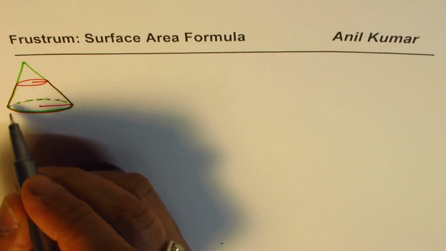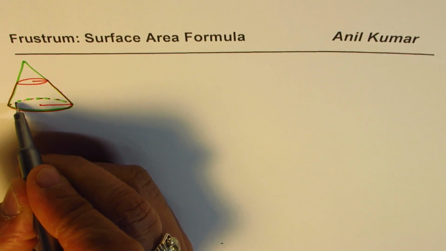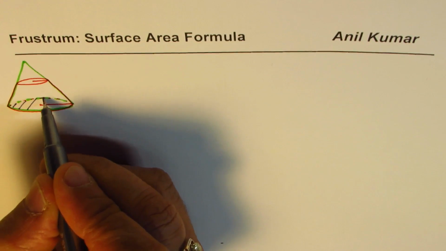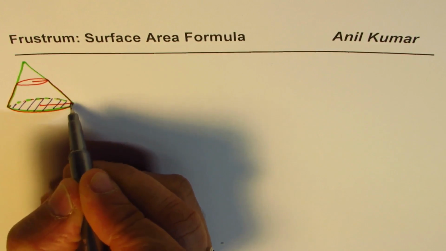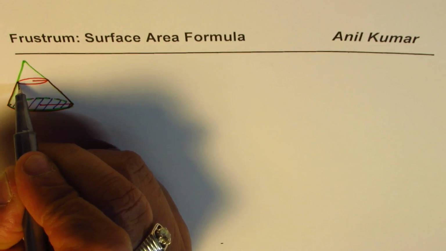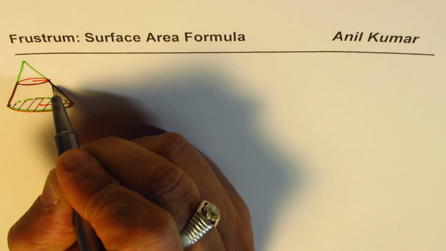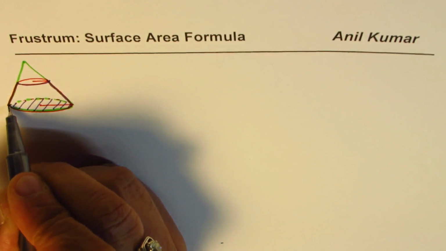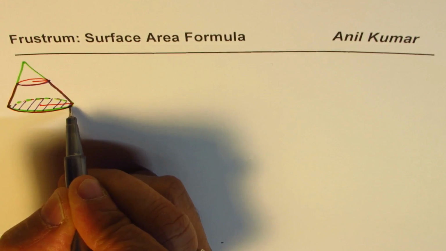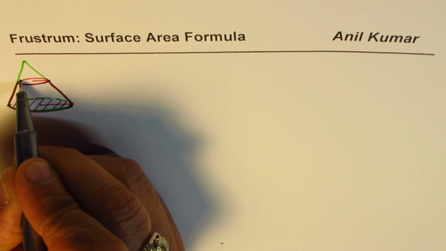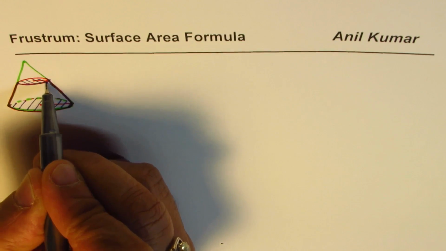One surface is the bottom part itself, and the other is the lateral area. This which we call as lateral area. I should say three surfaces, the top part also, right?